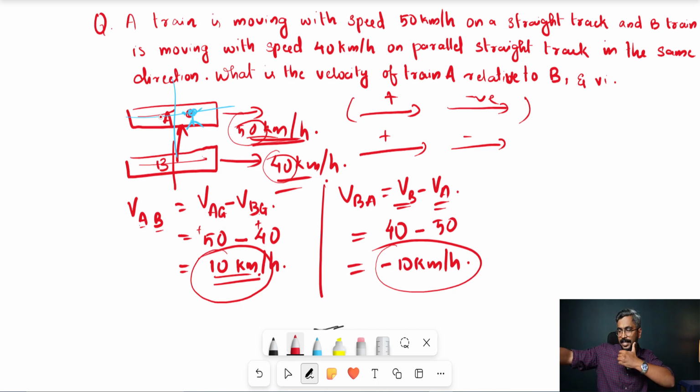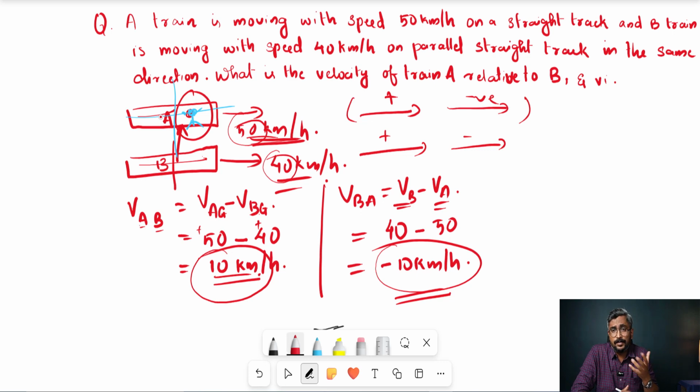It feels like it is moving a bit backward. Why? Because the train from which I am observing, that is A, has higher velocity, so it feels that the other train has lesser velocity than me. That is why it has 10 kilometers per hour. This negative sign indicates that. Okay, fine.